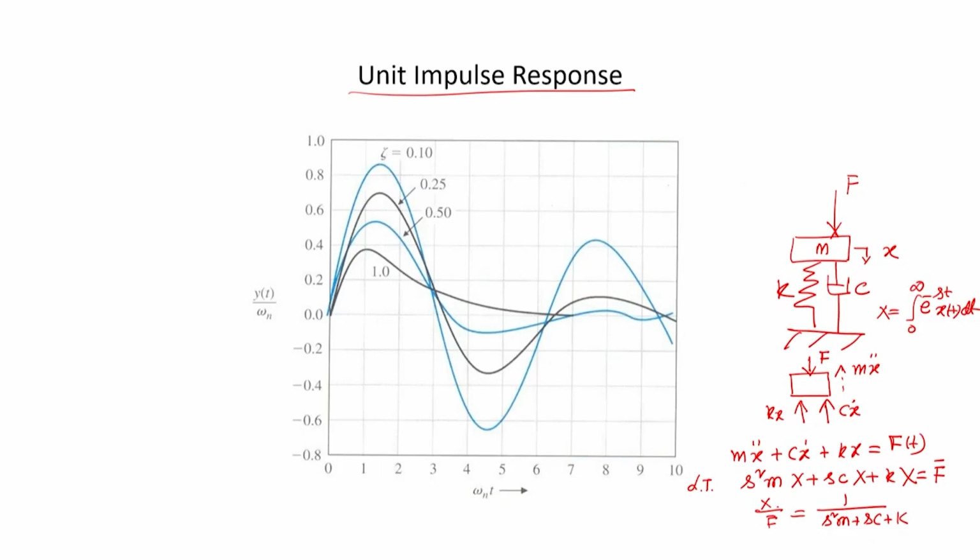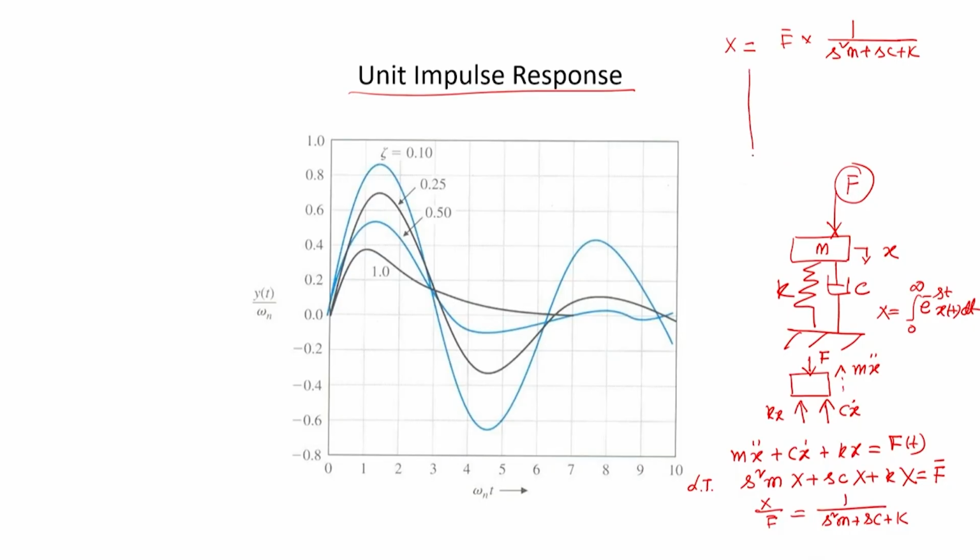Now, this is the transfer function, and that tells us that X equals F bar into 1 over s square m plus s c plus k. And this F bar, the frequency domain transformation of f(t), let us say is an impulse function, something like I just hit a system for a fraction of a second.